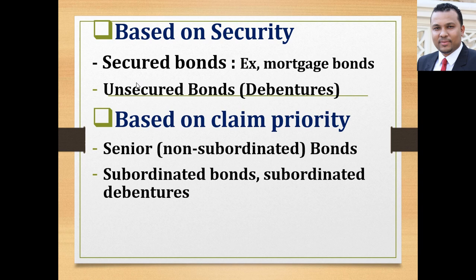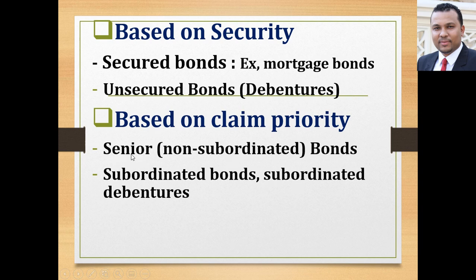The next category: we talk about the classification of international bonds based on claim priority. Two subcategories: number one, senior bonds or non-subordinated bonds, and number two, subordinated bonds. We can call them subordinated debentures. What about the senior?